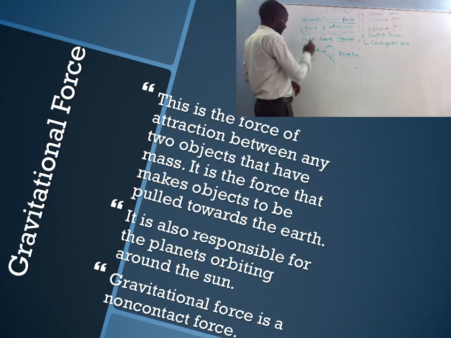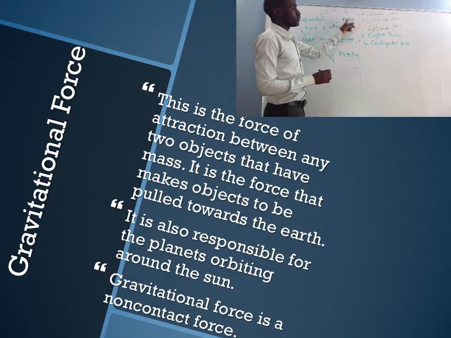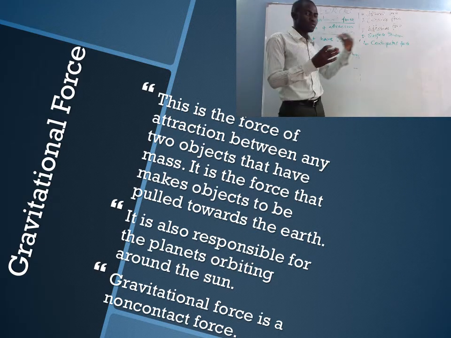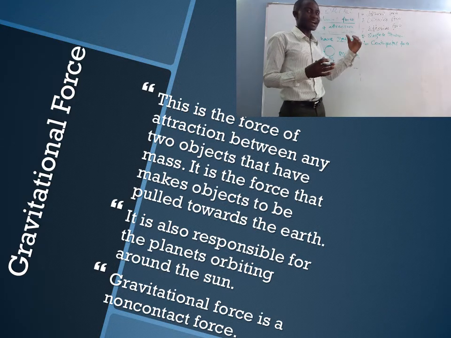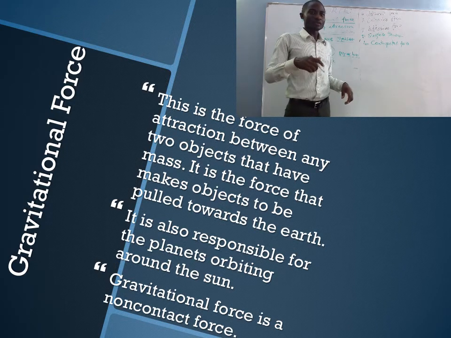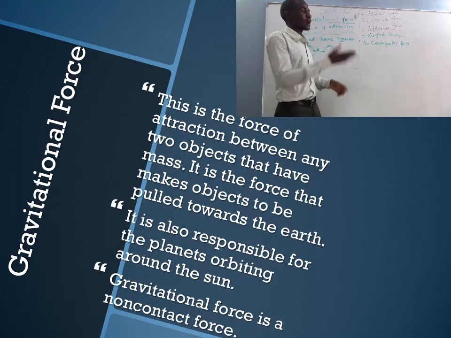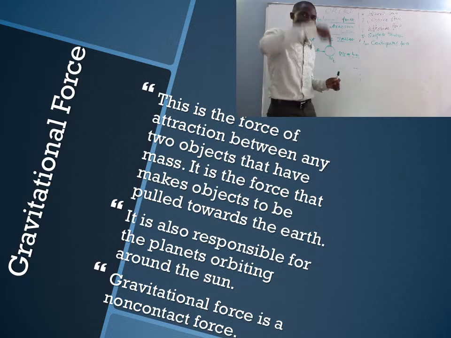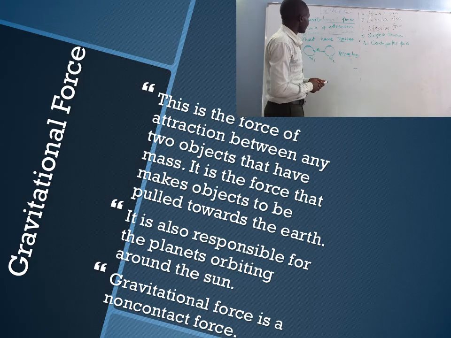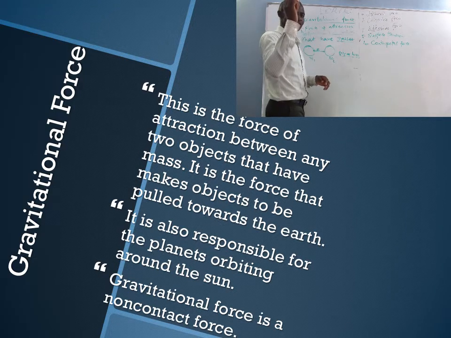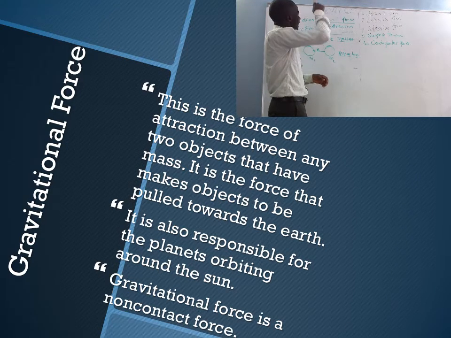And again, it is the gravitational force that pulls objects that are near the Earth towards the center. Whenever you throw an object, for example, it always falls towards the center of the Earth. This is because there is attraction between the object that you have thrown up and the Earth.